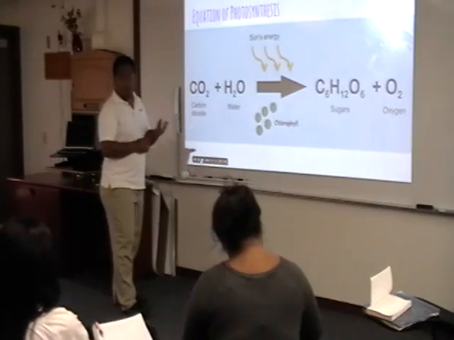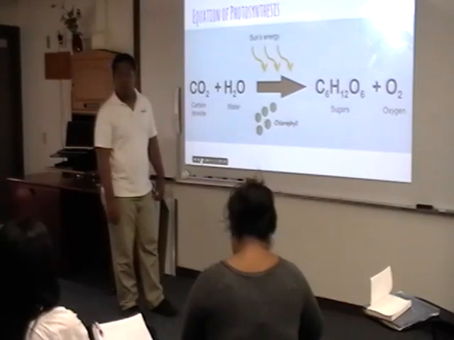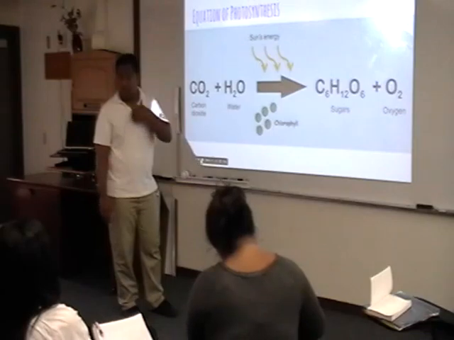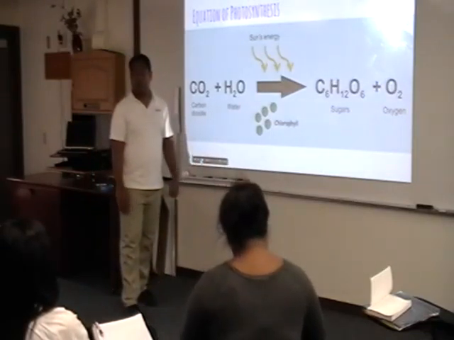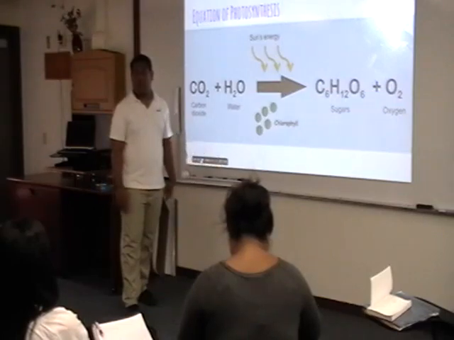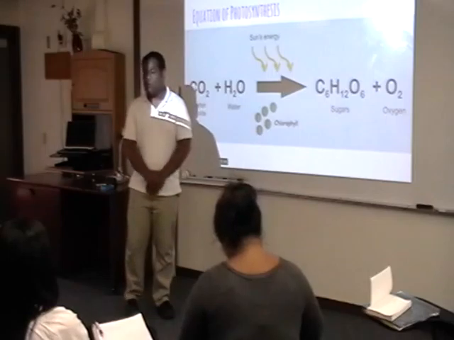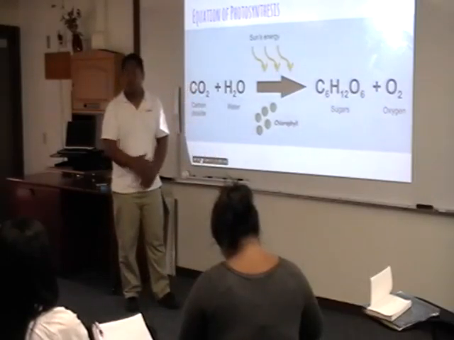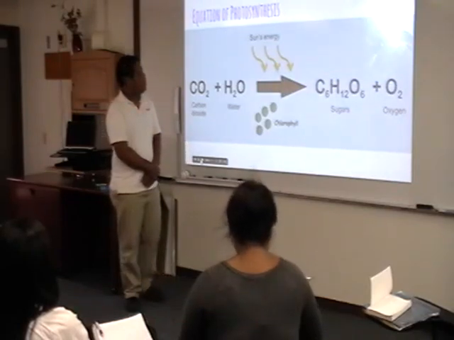Then from there, oxygen goes out, which human beings use. And the sugar, the starch, is stored for the plant to use as fuel, we can call it that, during the night when there is no light. All right, so it is pretty interesting.